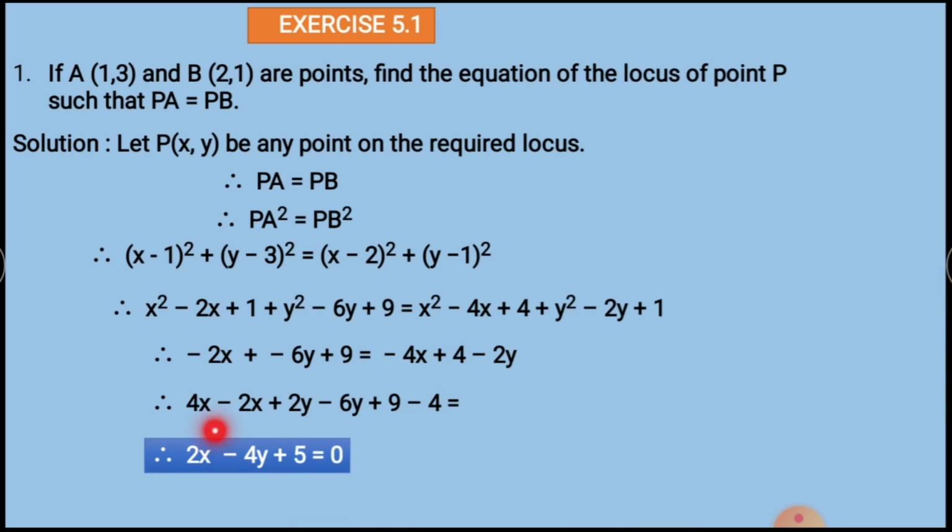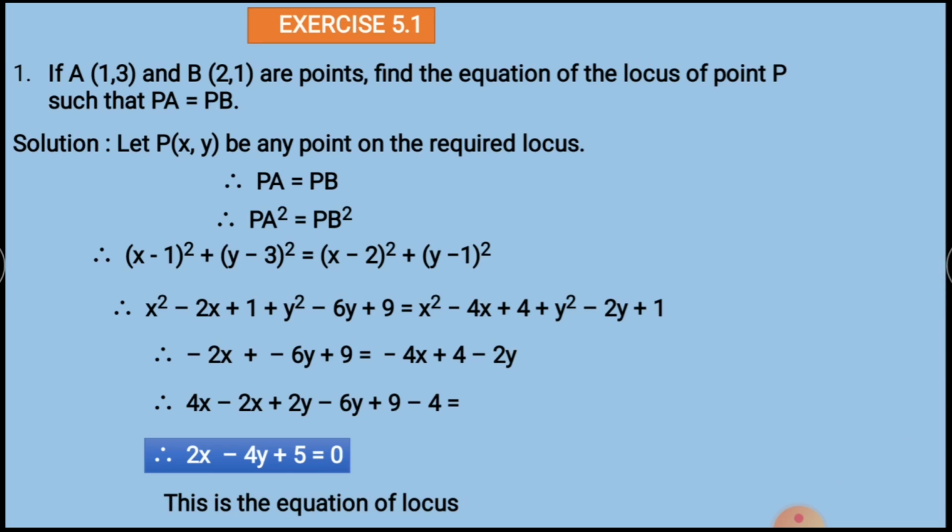So after simplifying, 4x minus 2x, that is plus 2x, plus 2y minus 6y, that is minus 4y, 9 minus 4 which is plus 5, equals 0. So in this way we obtain the equation of locus of point P such that PA equals PB. So we write here, this is the equation of locus.